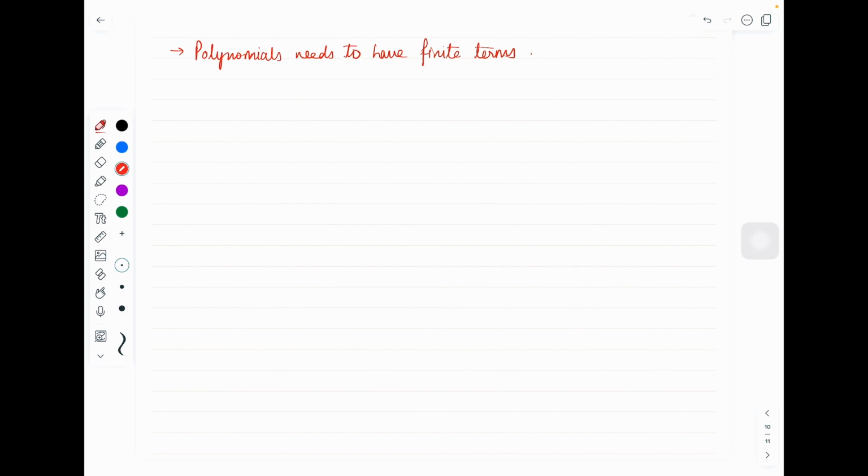Now we classify polynomials based on the number of terms they have. First is monomials. Mono means one, so monomials are polynomials with only one term. This first part is only about the types of polynomials.